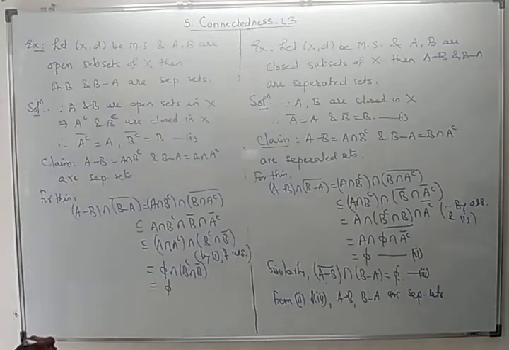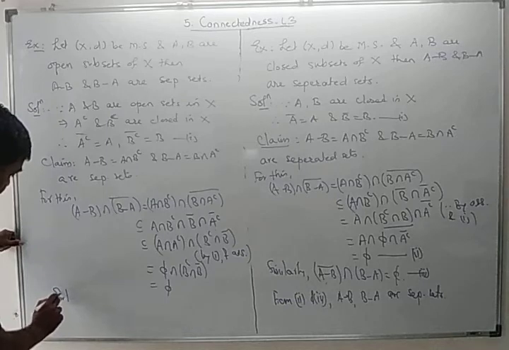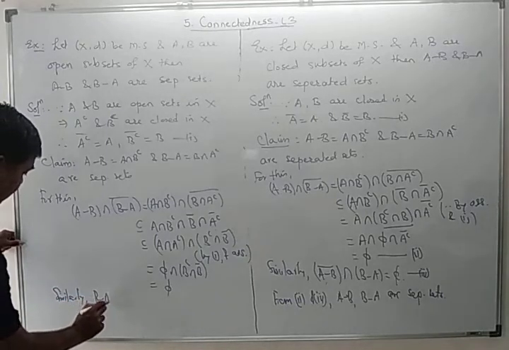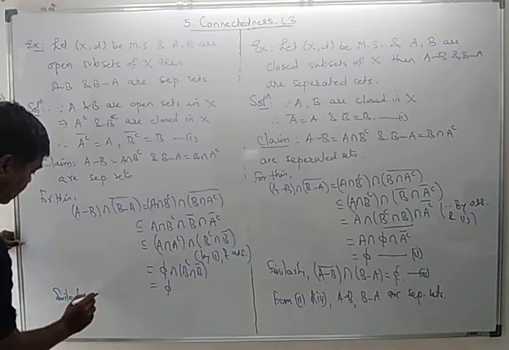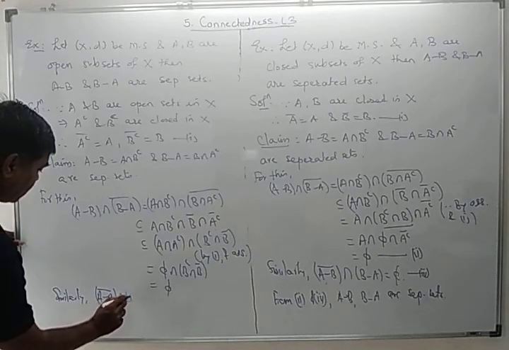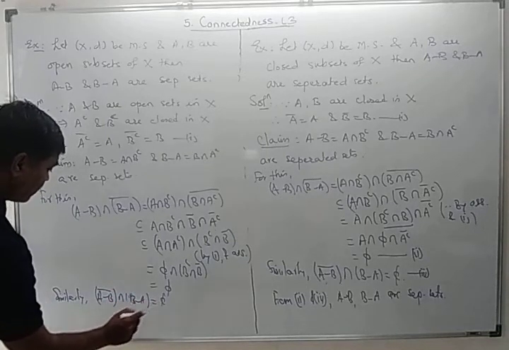Okay. Similarly, closure of (B minus A) intersection (A minus B) is equal to phi.